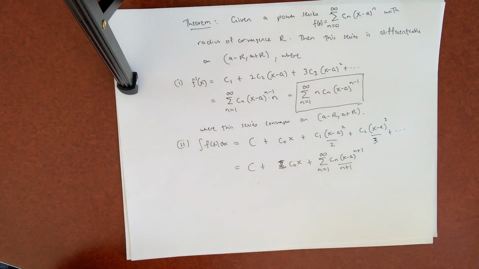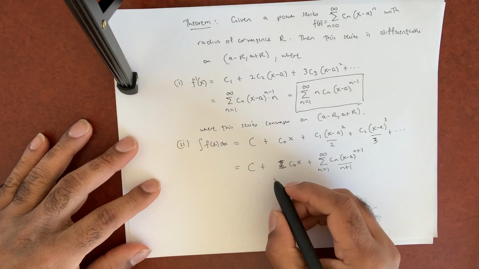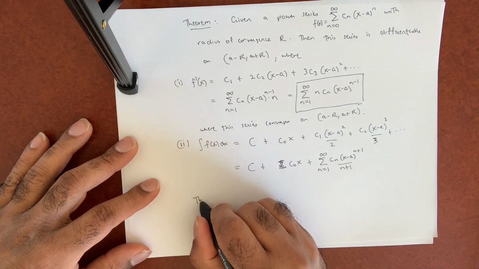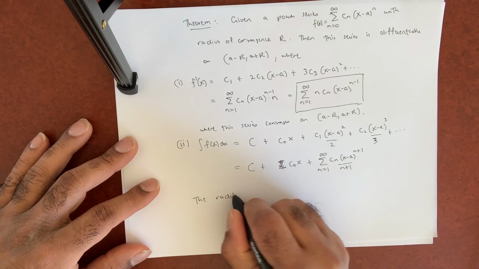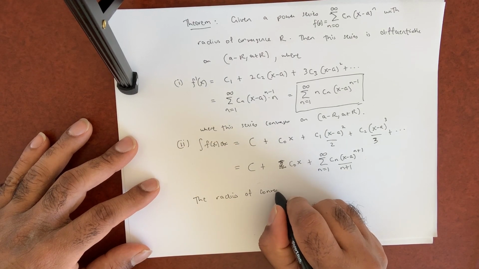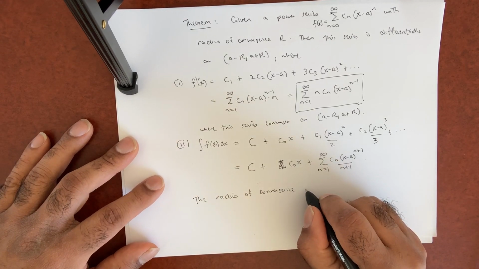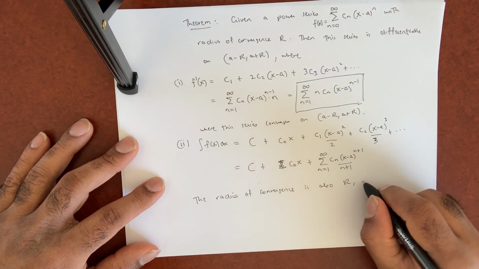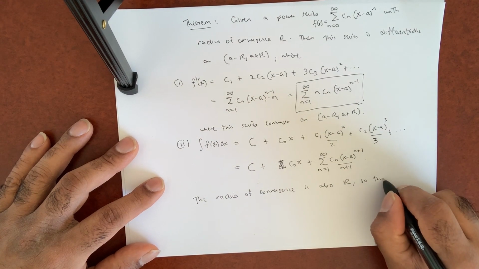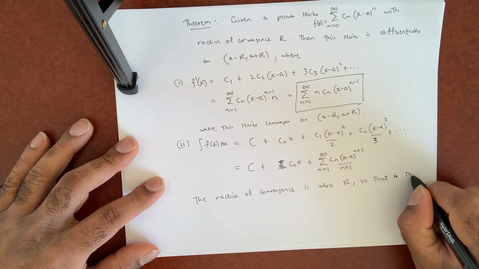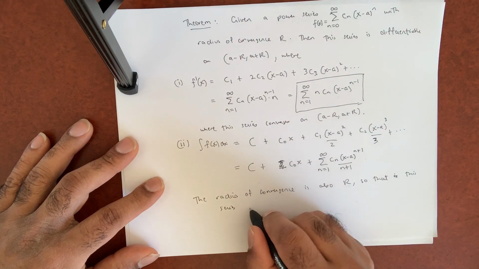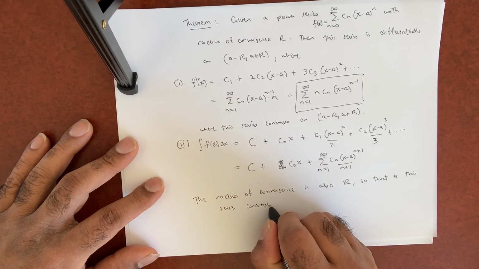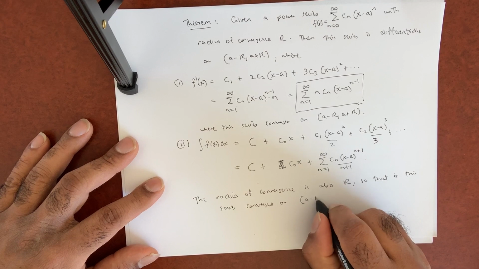Okay. And also here, also for the differentiation, note that the radius of convergence is also r, so that this series converges on a minus r, a plus r.